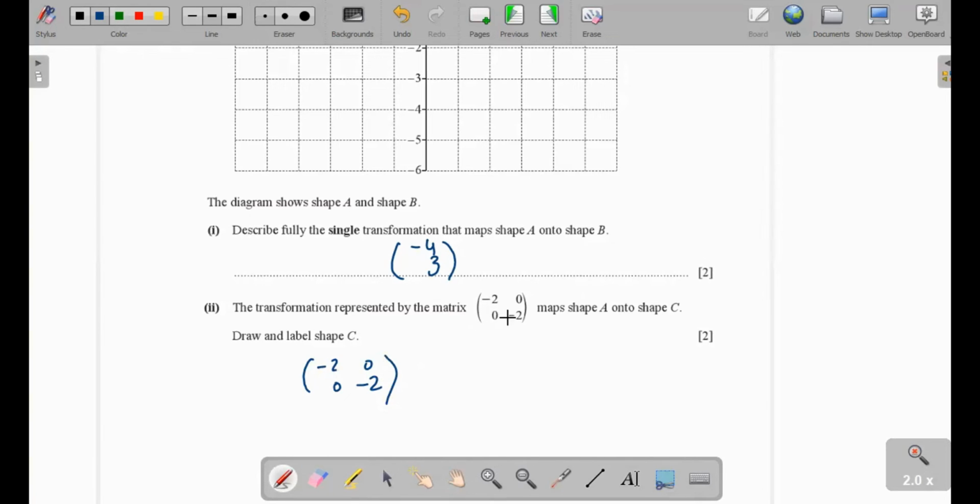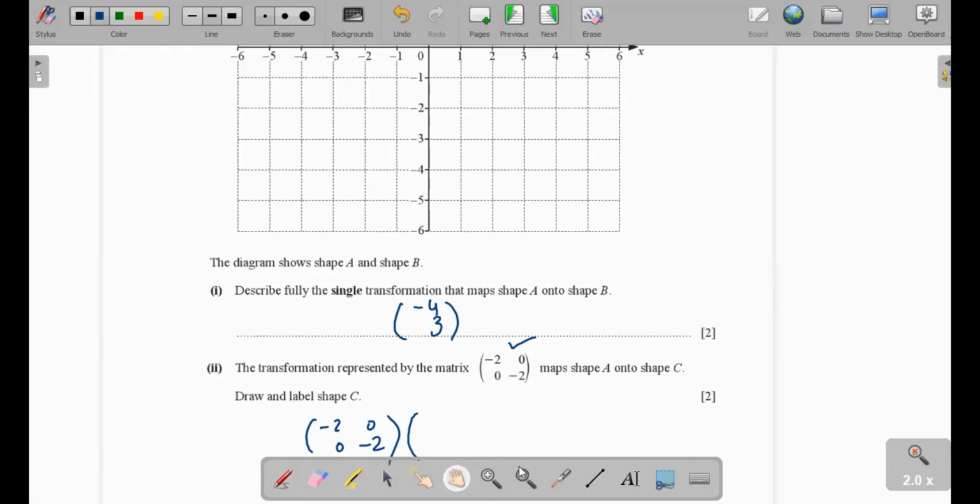That matrix maps shape A onto C, and this is the transformation matrix. This transformation matrix is multiplied to the object matrix. Now we see the object matrix. What are the points of the object matrix?